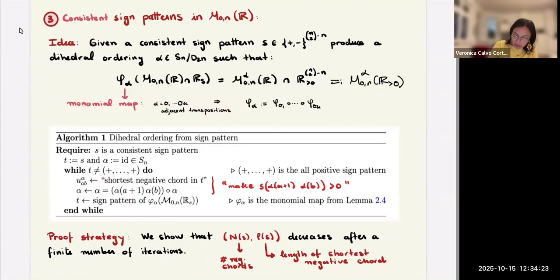So maybe let me draw a little thing here. So let's say that I always start with this order. And let's say that I have a chord ij here. And this is the shortest negative chord.